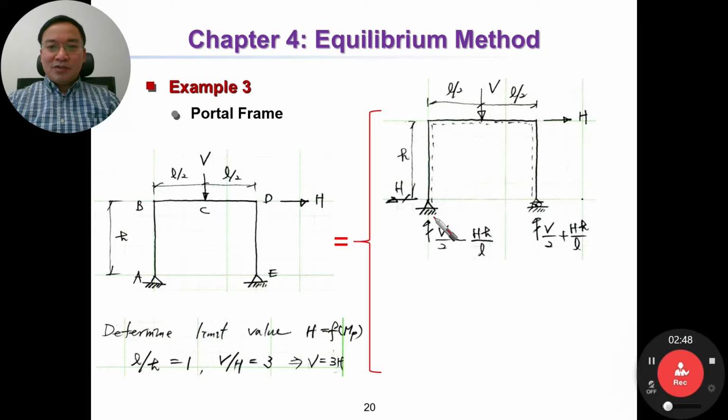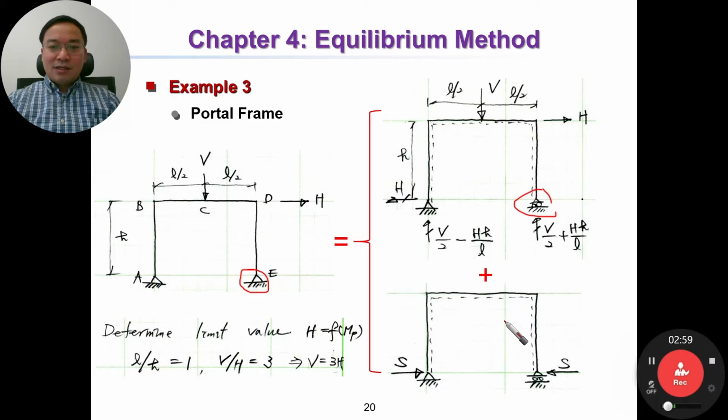We change this into this one, a determinate structure, plus this one, which has a shear here. And this structure can be divided into two parts. Then with each part you can plot the moment and shear force diagram.